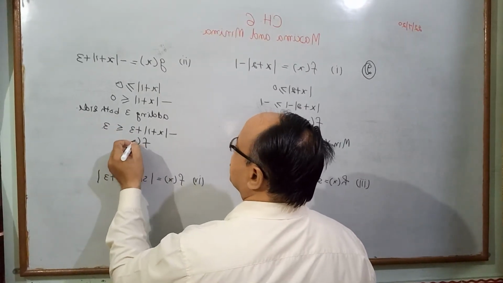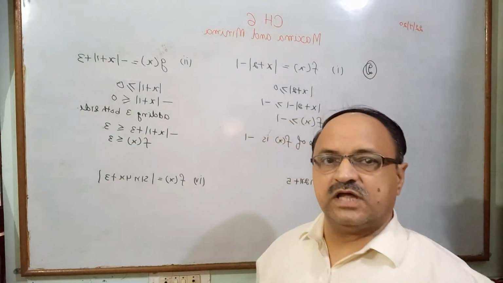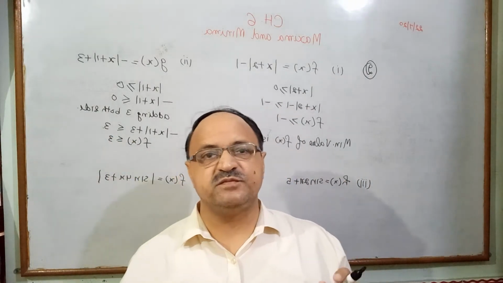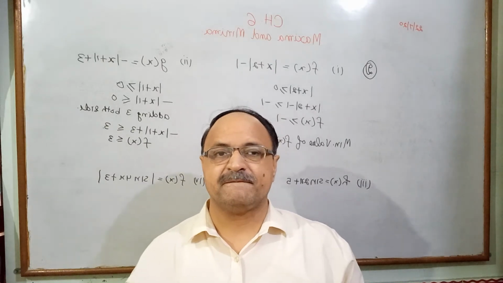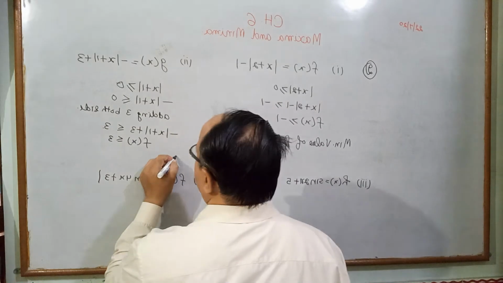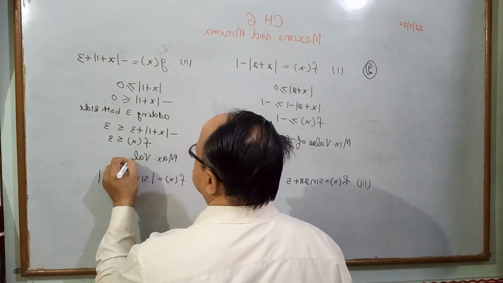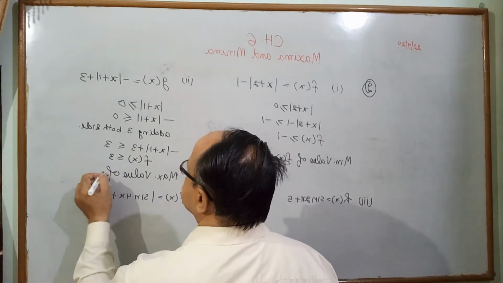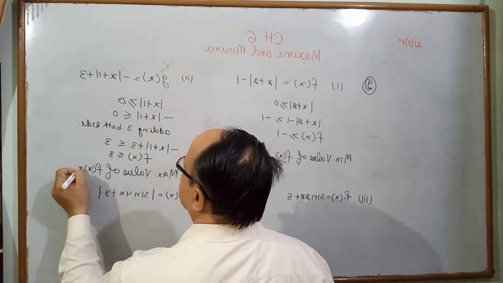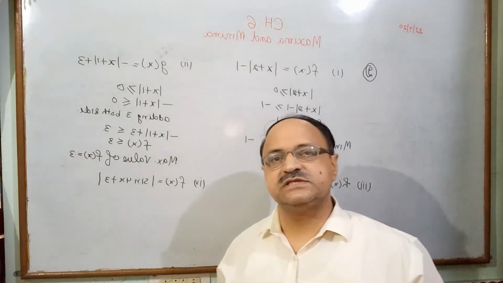In this place you can write f of x is less than or equal to 3. It means the maximum value of this function is 3, or less than 3. It means the maximum value is 3.